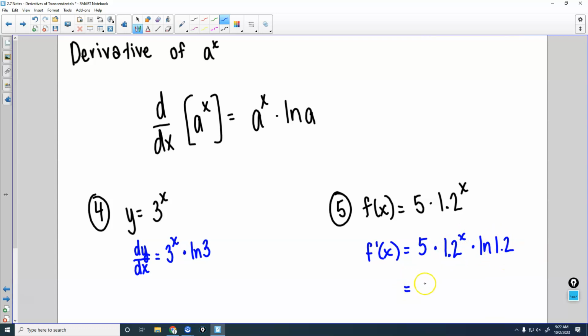You'll probably see them write it like this, 5 natural log of 1.2 times 1.2 to the x power. Maybe. There's not really a perfect standard way.